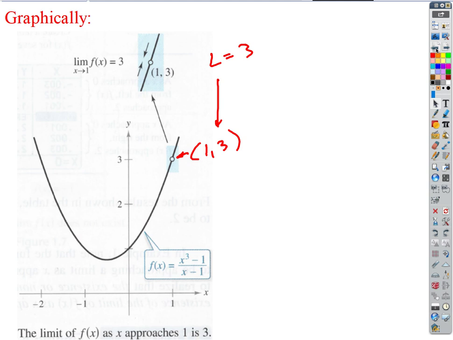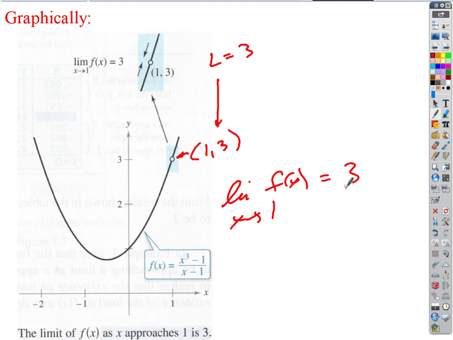Like in this case, we go back to this example, we've seen this many times. We said for sure that as we move along this function, the limit of f of x as x approaches 1 is 3.